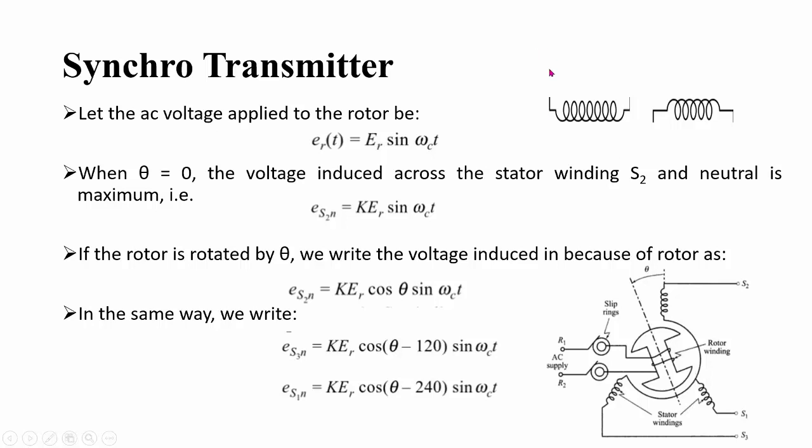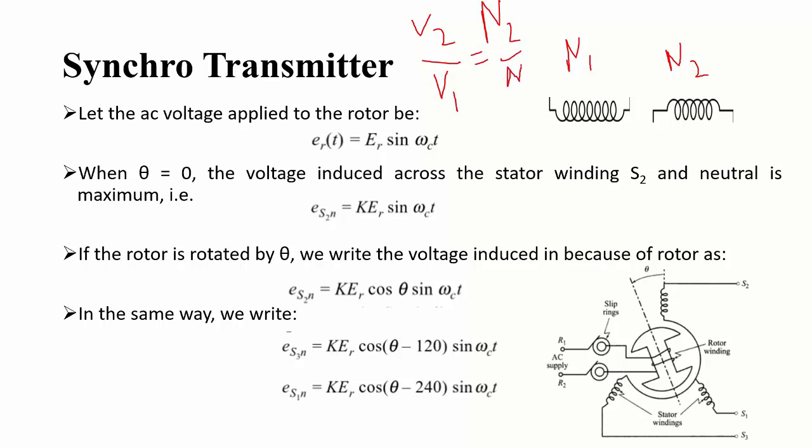Now because of transformer action, the voltage that will be induced in the secondary winding will be how much? That depends upon, let's say, if this has number of turns N1 and this has number of turns N2, then you learn that the voltage at the secondary side V2 upon the primary side voltage V1 will be equal to N2 upon N1.